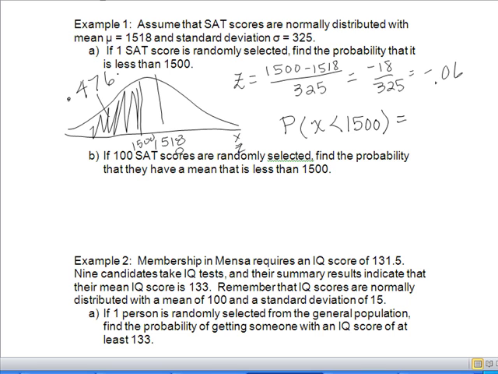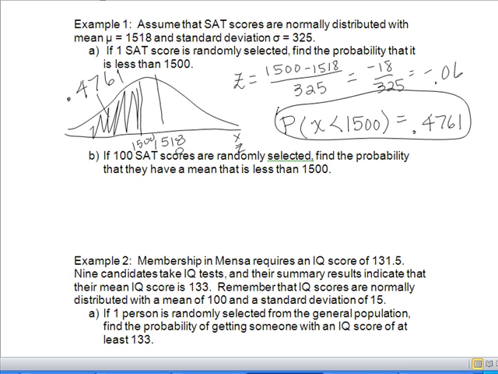Well, we know that the mean of the sample means is the mean of the population, so we'll leave 1518 in the middle. This time we're working with x bar. Our picture looks kind of the same. The only difference is our z-score formula is going to be different.